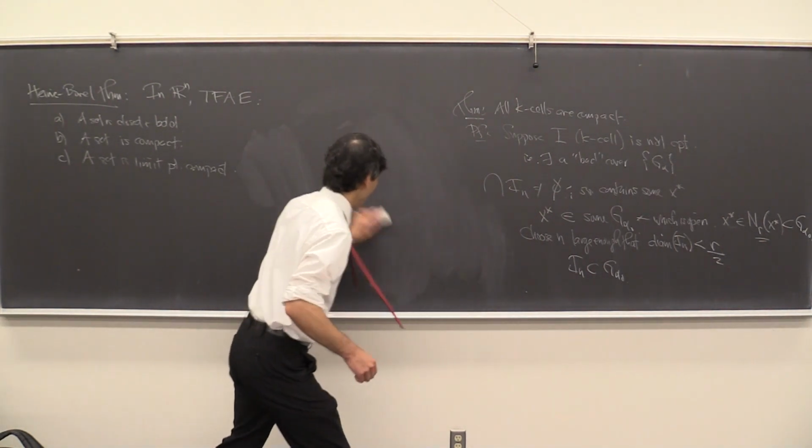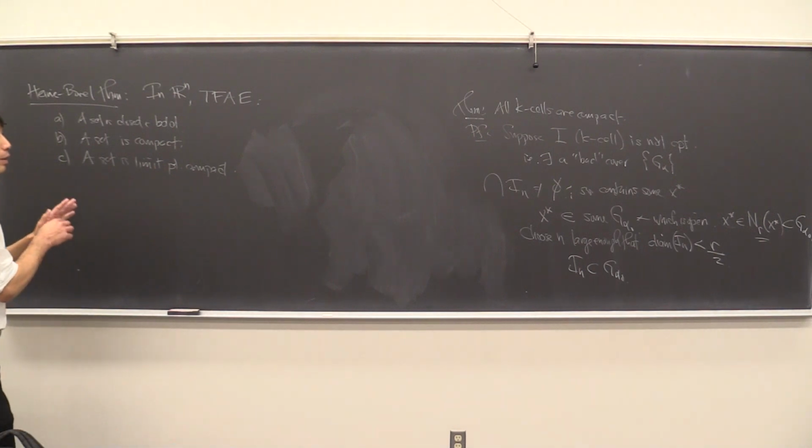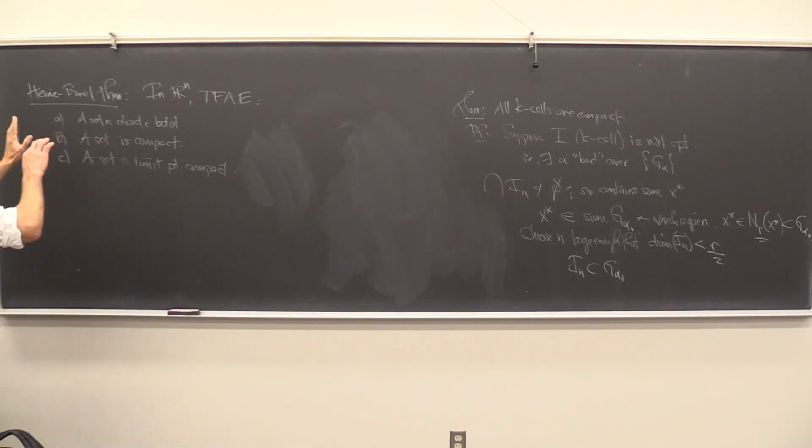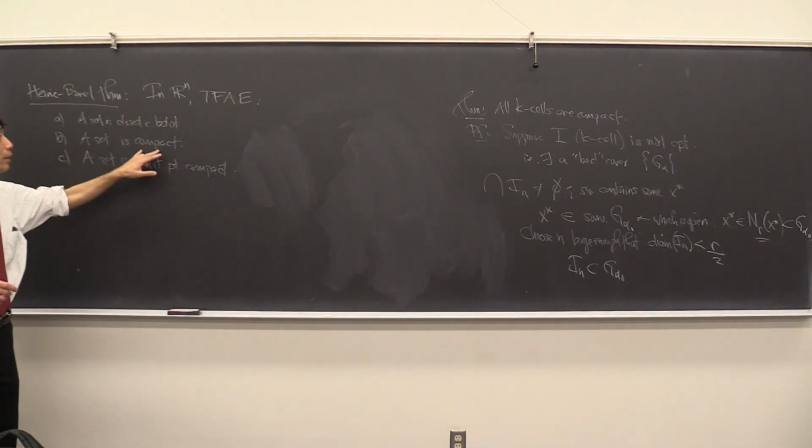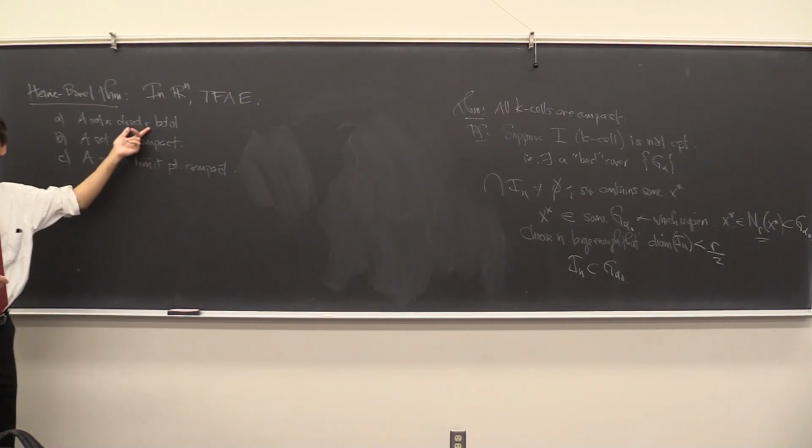Okay, enough of that. So all k-cells are compact. Now we've got almost all the components we need to prove the Heine-Borel theorem. Heine-Borel is really nice because what it says is that in R^n, compactness is very simple. If you want to check a set is compact, you just need to check if it's closed and bounded.